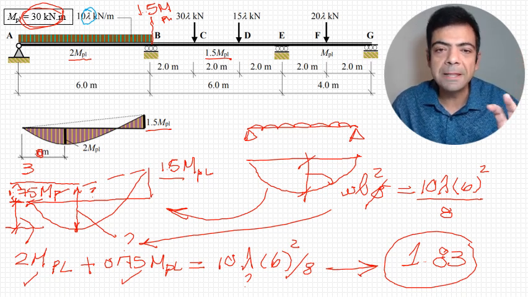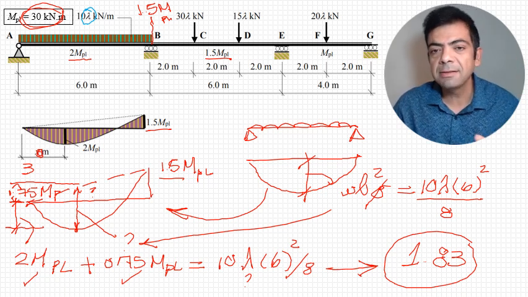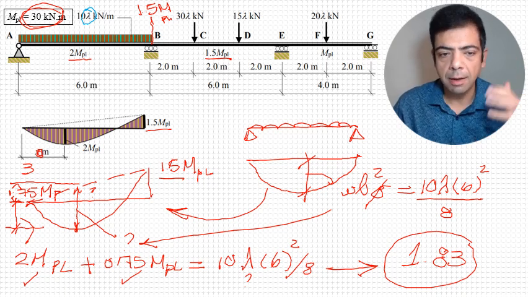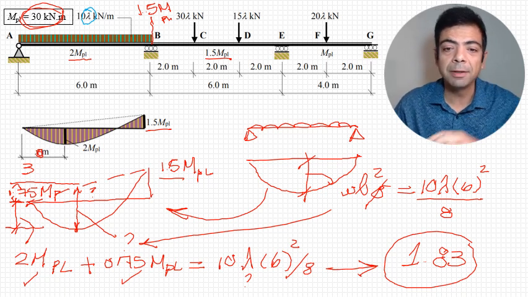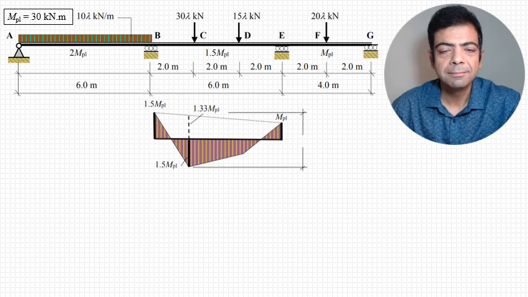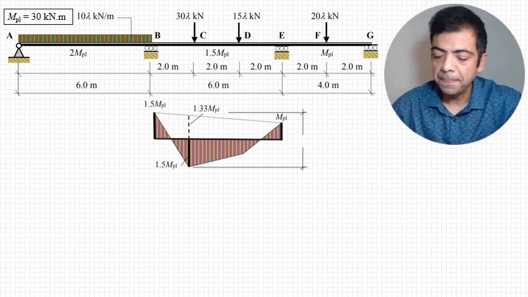We're going to repeat this process for all three spans. I'll go through it at a faster pace now, and then we will pick the minimum lambda. Let's evaluate span BE.